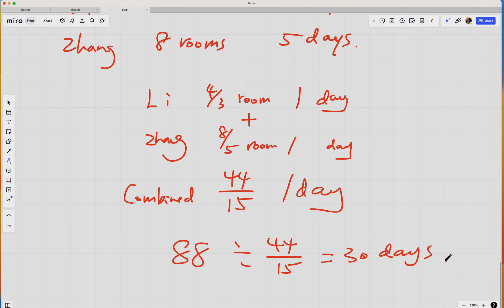No, 3,000 is the loan. And then you need to pay interest for the loan. So therefore, 3,300 divided by 15. That's your monthly repayment.